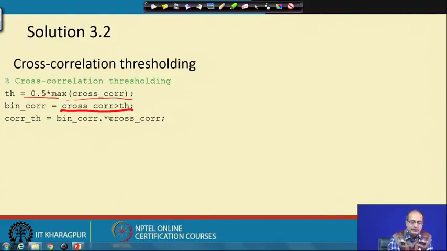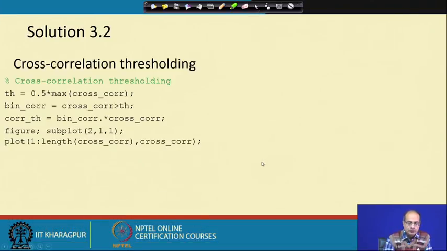So, this operation will give us the indices where the value crosses the threshold. Now, if we multiply that bin location having value 1, if we take the dot product with the cross correlation, we retain only those high values and rest of them become 0. Okay, so let us proceed.